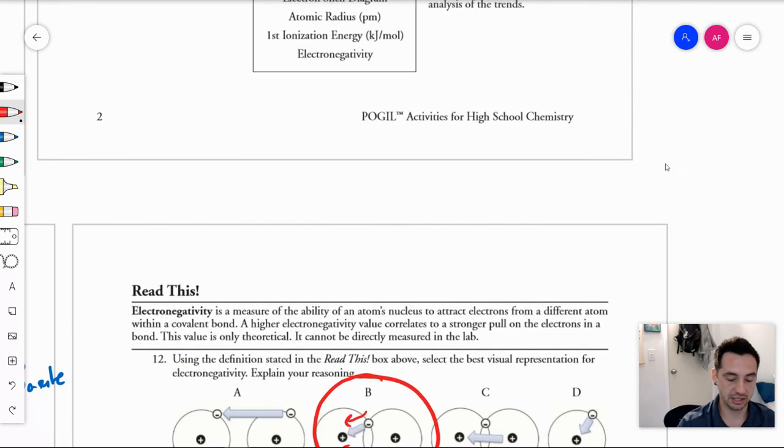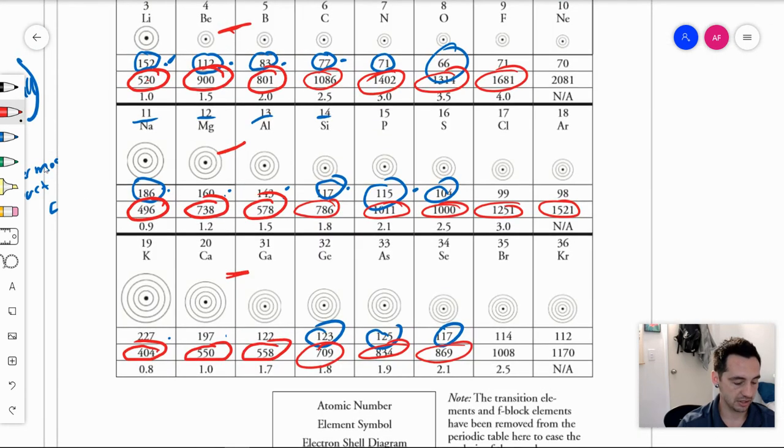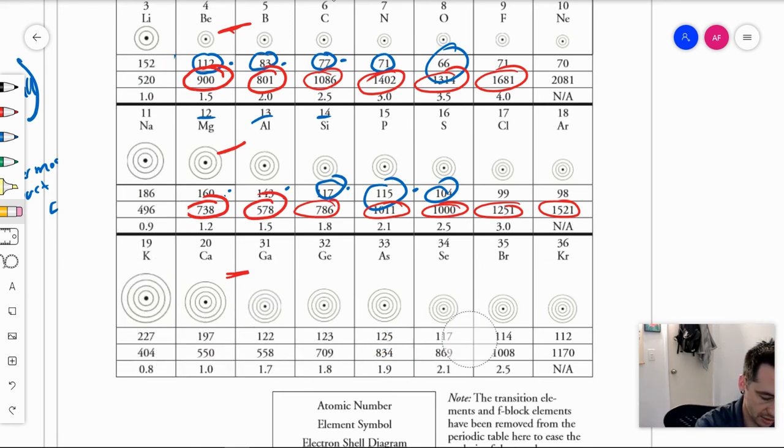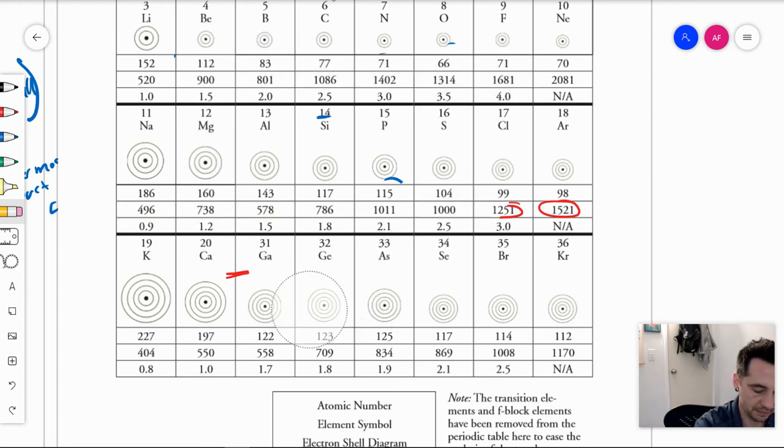What happens to electronegativity as we go down a group? I'm going to erase some of this stuff. Makes it less confusing. So electronegativity is the third number at the bottom there.